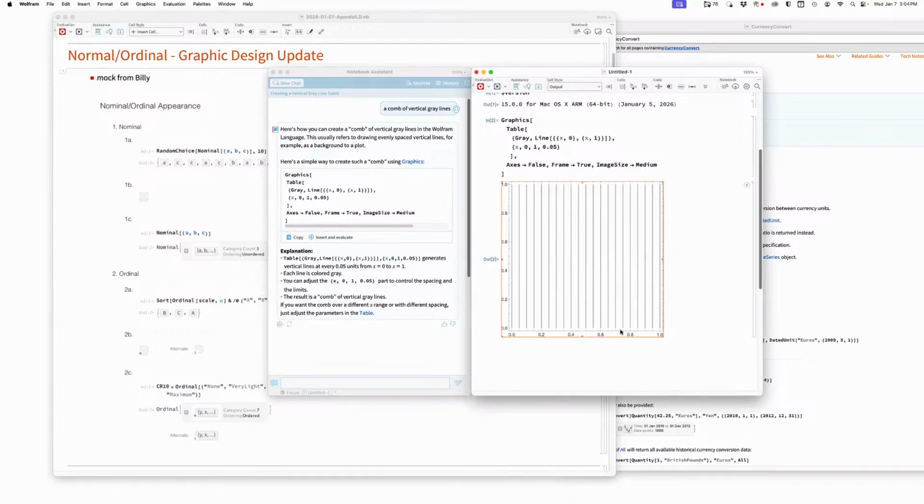So here is what we want to do. Remove the frame, true.